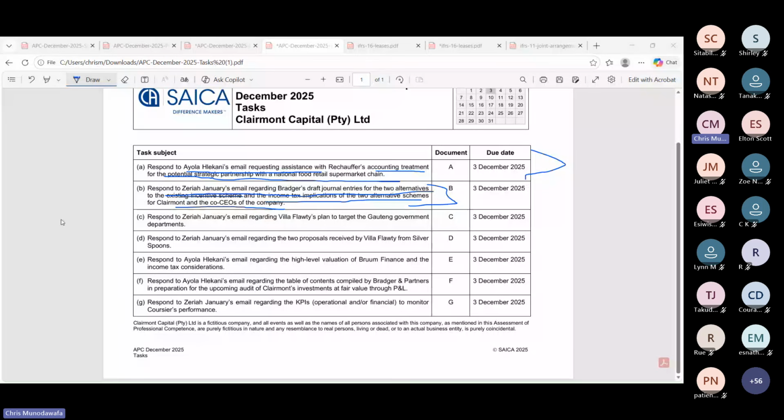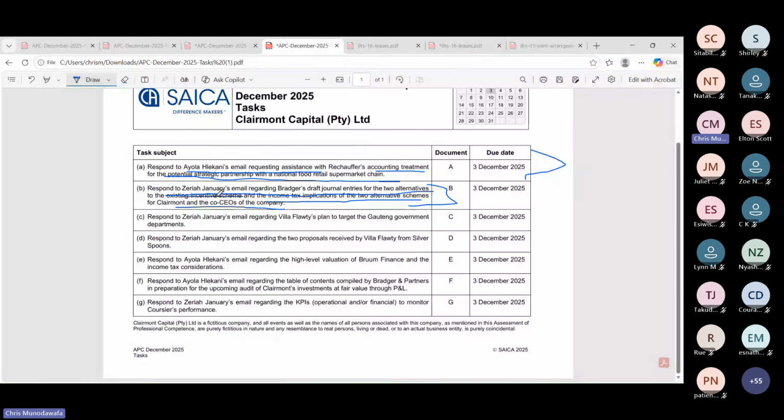And then if I go to task B, if you take it from here: respond to Zeria January's email regarding the journal entries for the two alternatives to the existing incentive scheme and the income tax implications of the two alternative schemes for Claremont and the CEO of the company. So please, first I have to identify all my asks.